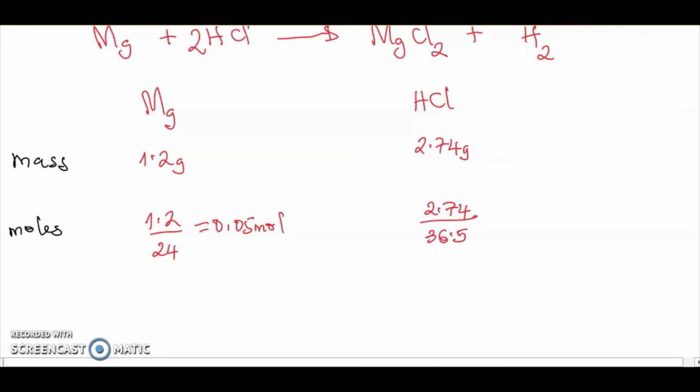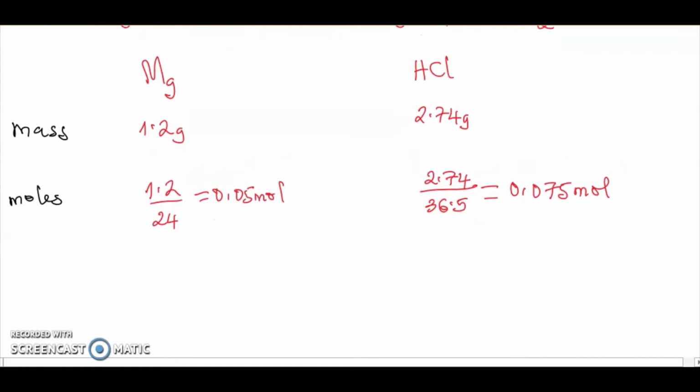The relative atomic mass of chlorine is 35.5. Hydrogen is 1. When you add them up, it gives you 36.5. If you have difficulties calculating relative formula masses of compounds, please check out my video on calculating relative formula masses of compounds. It will put you through. So here we have 0.075 mole.